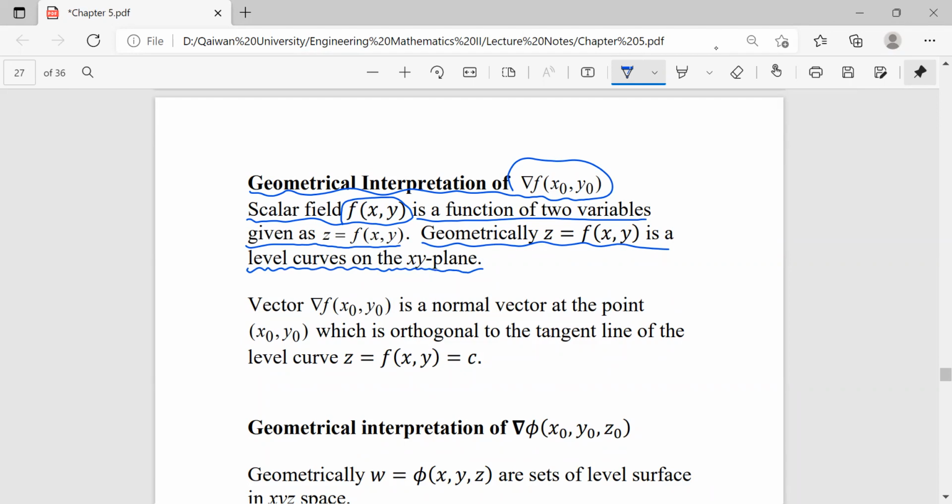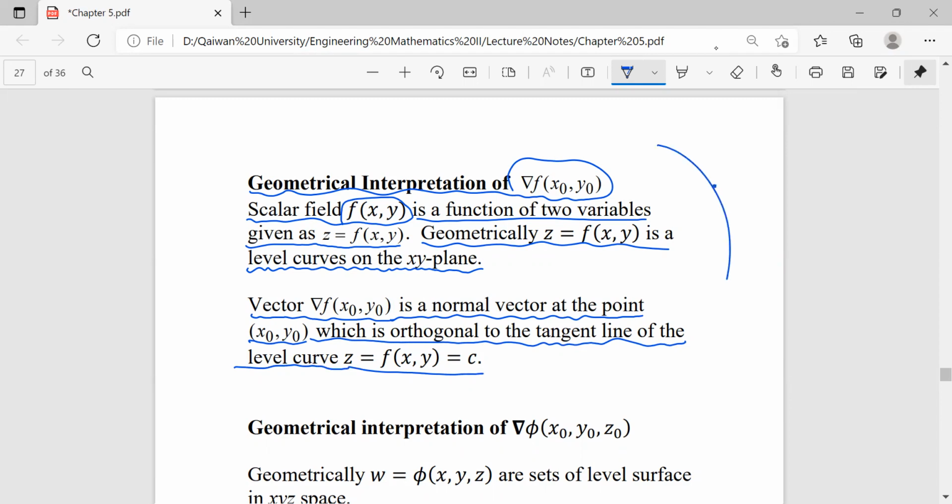If we find the gradient of f at a specific point, it is a normal vector at the point x naught, y naught, which is orthogonal to the tangent line of the level curve set at that point. For example, let's say it's a level curve.